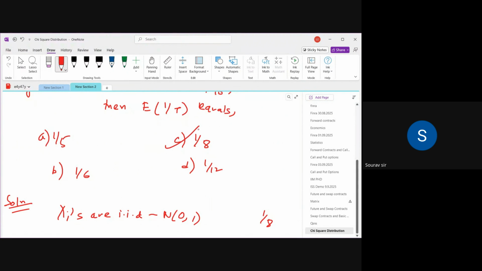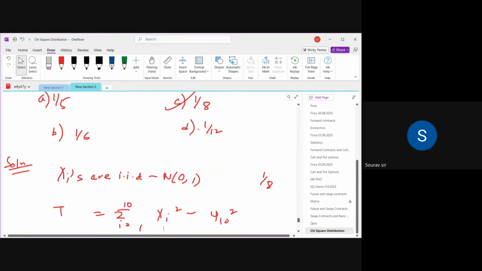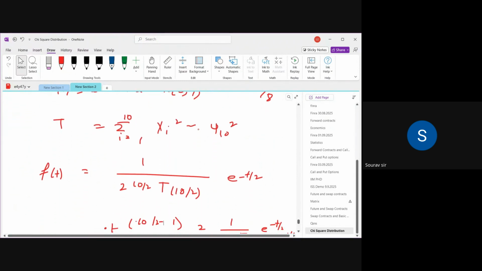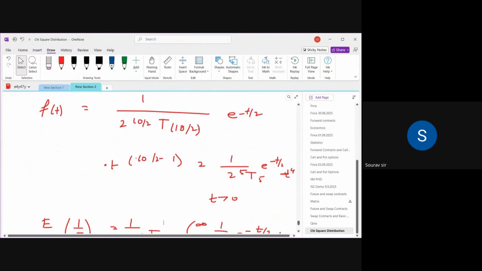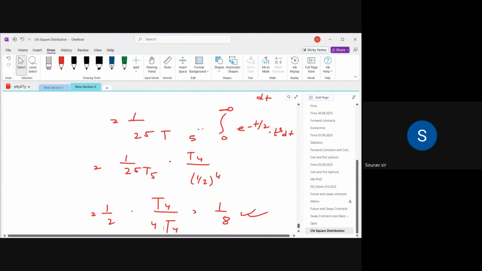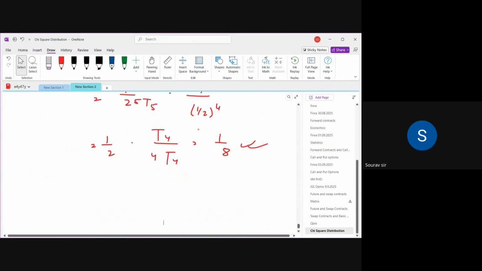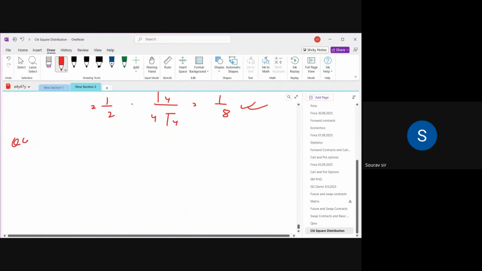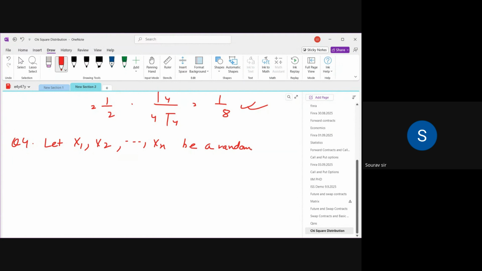Now, the last question for today we do. So here, let x1, x2 till xn be a random sample from N(mu, sigma square).